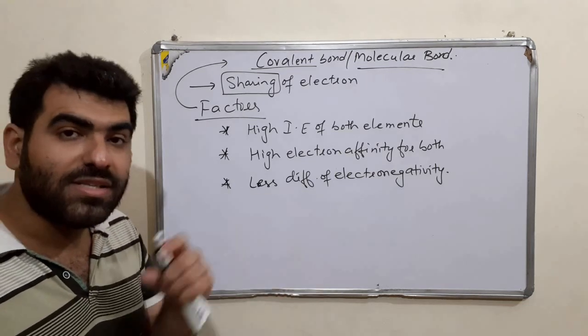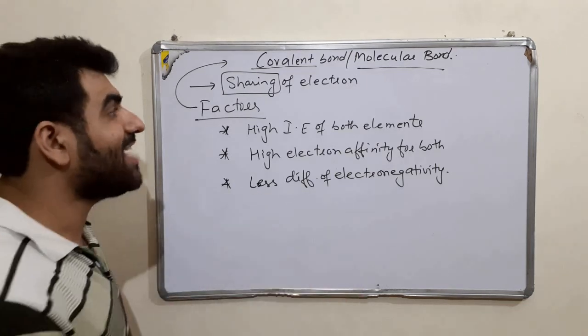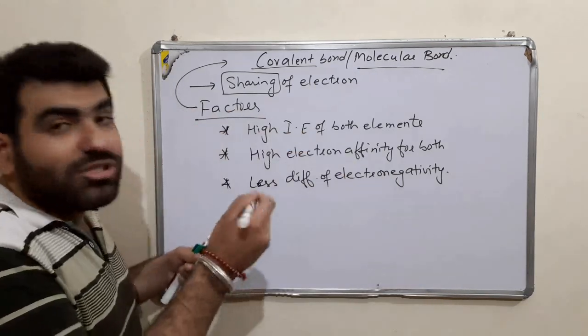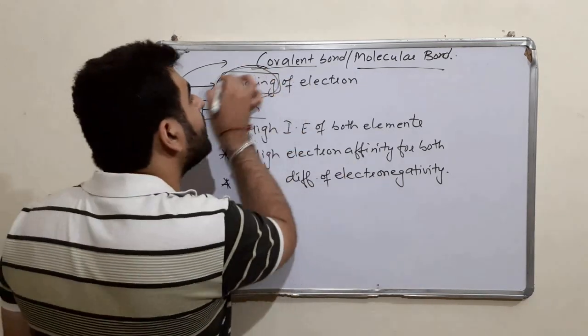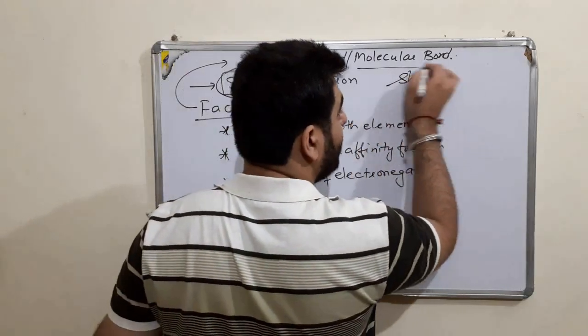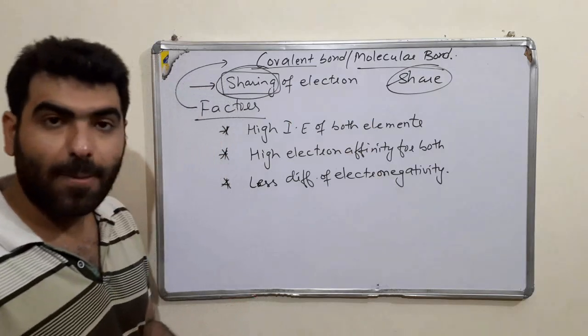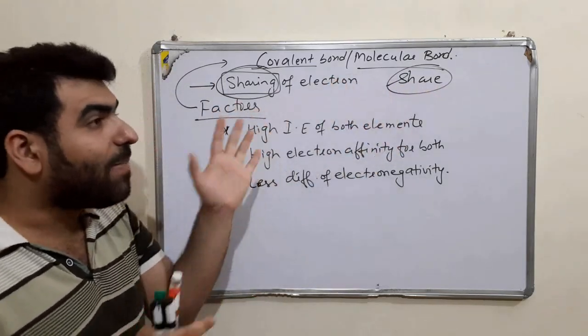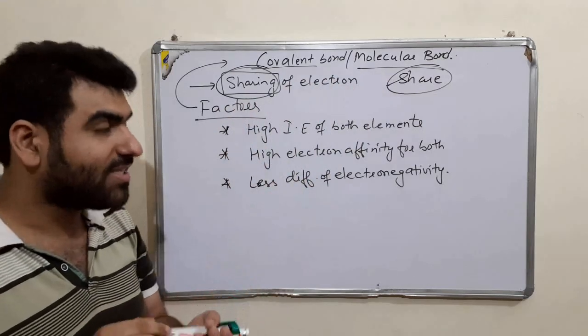In order to compensate or compromise, instead of complete transfer of electrons, those elements tend to share the electrons. Alright, the electron can be shared by both of the elements.